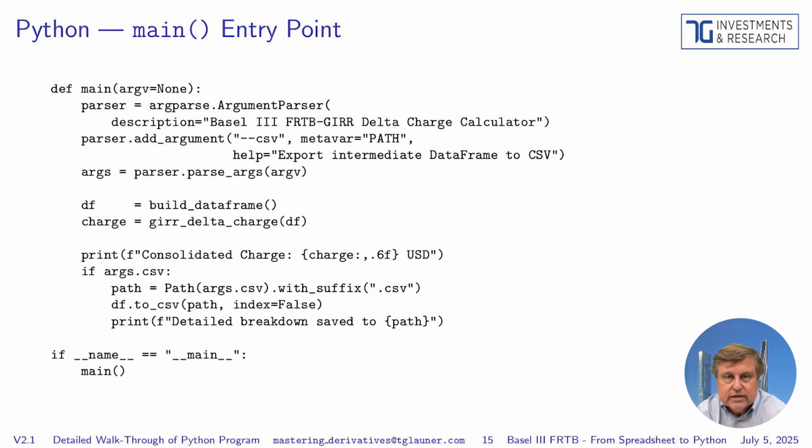If the user provides a CSV path, the data frame is saved as a CSV file at that location and confirmation is printed. Finally, if the script is run directly rather than imported as a module, it calls main to execute these steps. The structure ensures modularity and flexibility for both direct execution and reuse in other contexts.